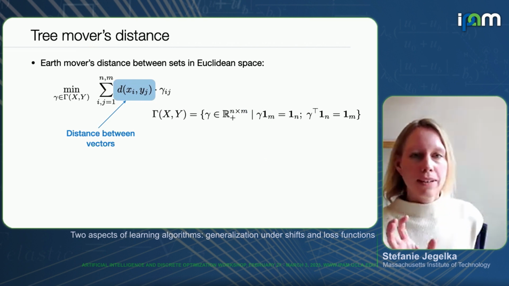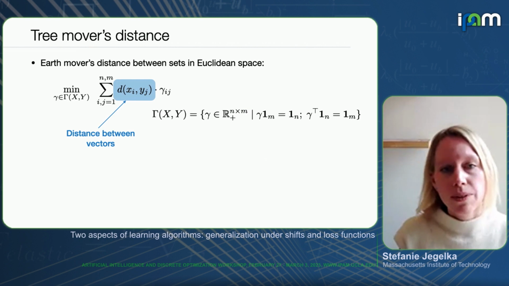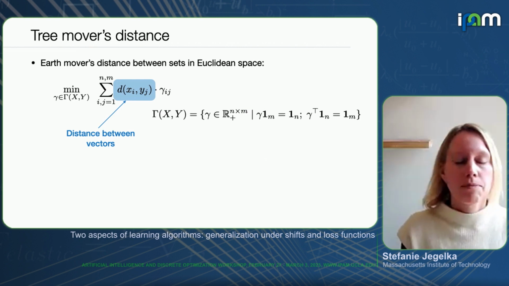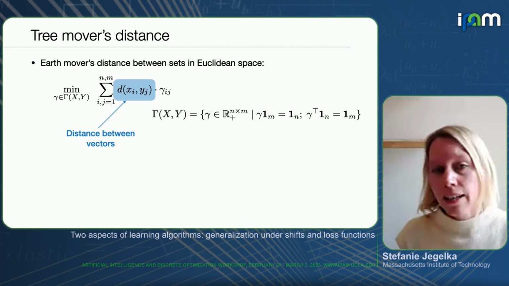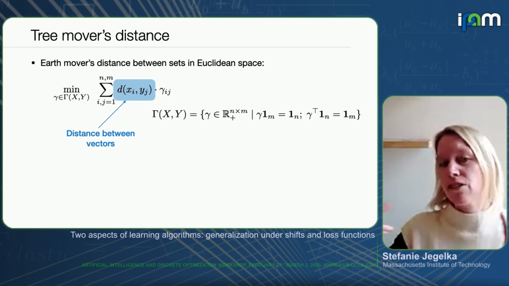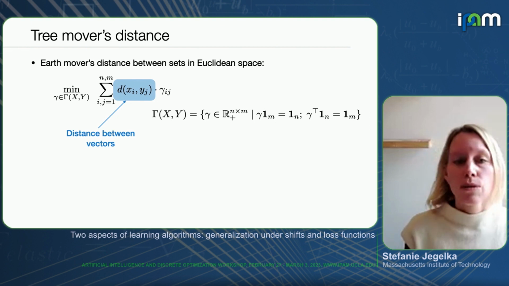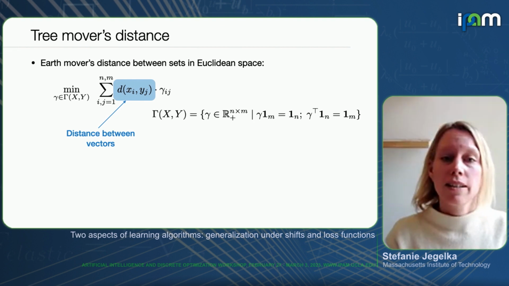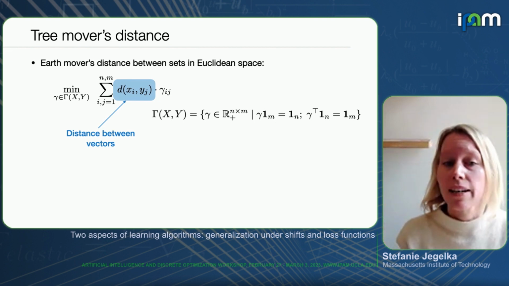Here is a reminder of what the optimal transport distance does. We have some point clouds x_i and y_j, and we want to match them up. This is more like a relaxed matching problem. The gamma_ij tells me how much I'm matching i and j, and then I have a distance between x_i and y_j.